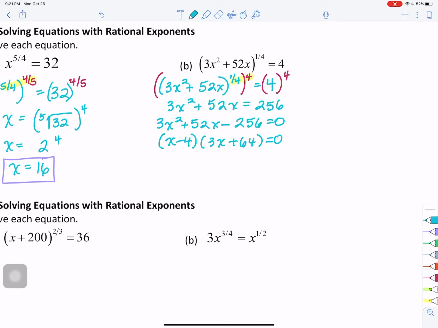So really you're looking for two numbers that multiply to negative 768. It's a pretty tough factoring, but I think you'll get it. And so either x minus 4 equals 0 or 3x plus 64 equals 0. X is equal to 4. 3x equals negative 64, and x equals negative 64 divided by 3.